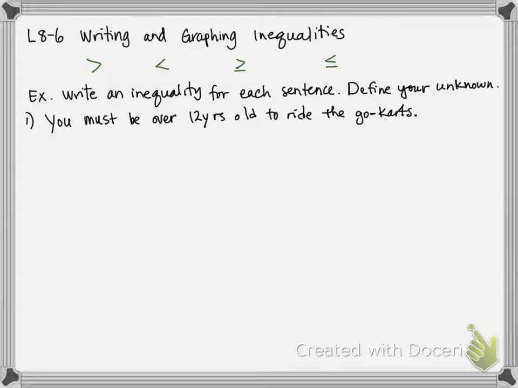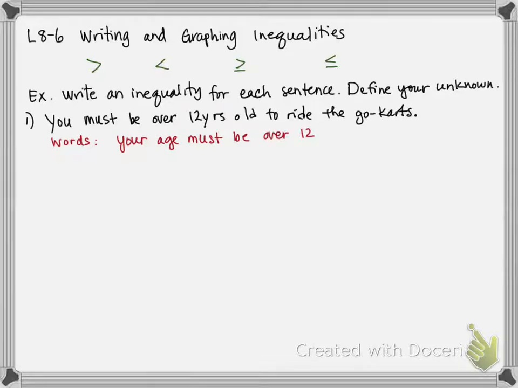Okay, so your age has to be over 12. So that's what I'm going to do, consolidate it into the gist of what they're saying. Your age must be over 12.